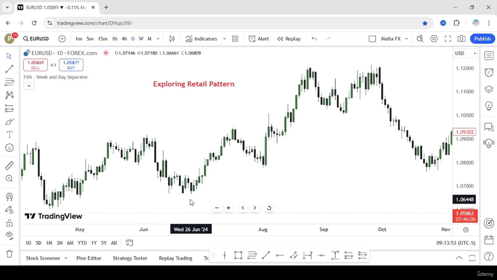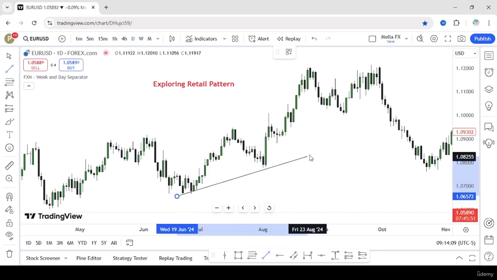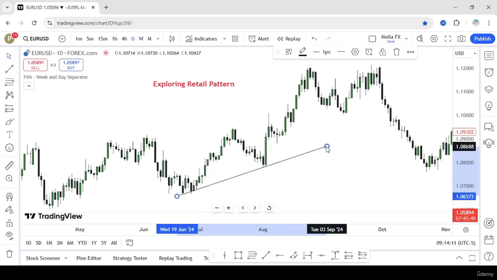For me, I tried to use this pattern, but it was not making sense. Maybe for you it was not making sense either. For example, when you outline this trend line, anchoring on this low and on this higher low, you see that the next one will not touch it.